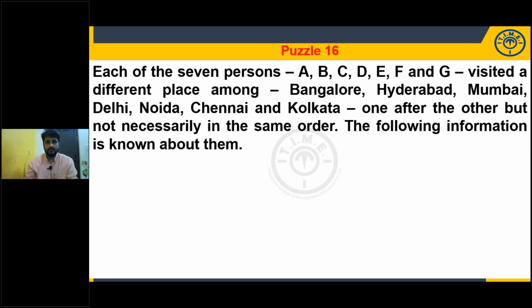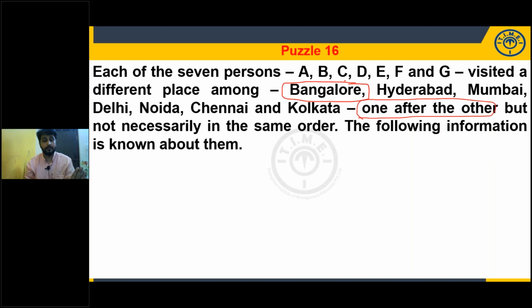Next. 7 persons A, B, C, D, E, F, G visited different places among Bangalore, Hyderabad, Mumbai, Delhi, Noida, Chennai, and Kolkata, one after the other. We discussed with the 10 persons, but here it is given extra variable. Sometimes they are also giving extra variable in PO prelims of RRB.